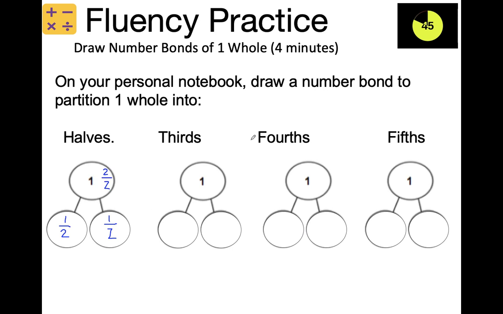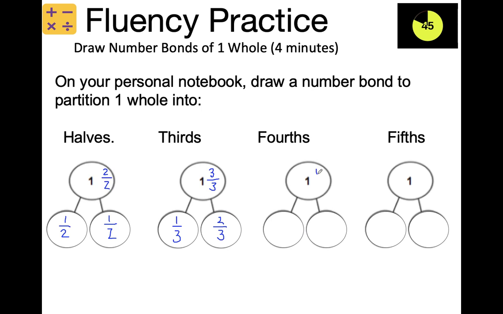I try my best. Now, if we were to use thirds, remember one whole for thirds would be 3 over 3. And if I broke that apart into 2 parts, one of them would be 1/3. And then to make it 3/3, I would then need to have 2/3. 2/3 plus 1/3 equals 3/3, or 1 whole.